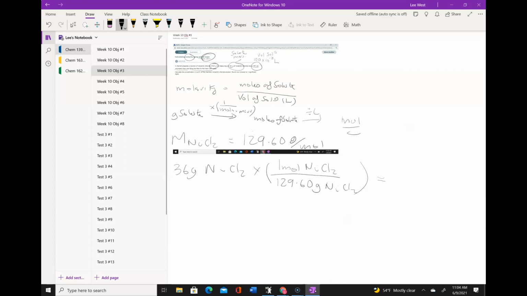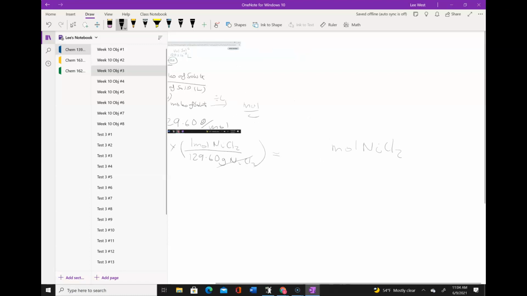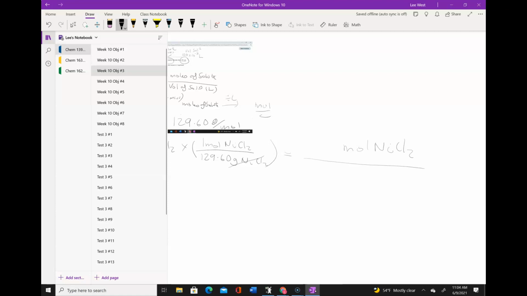And so that will give me moles of nickel chloride, and then I know that if I divide that by the volume of my solution in liters, I'm going to get my molarity in moles per liter.